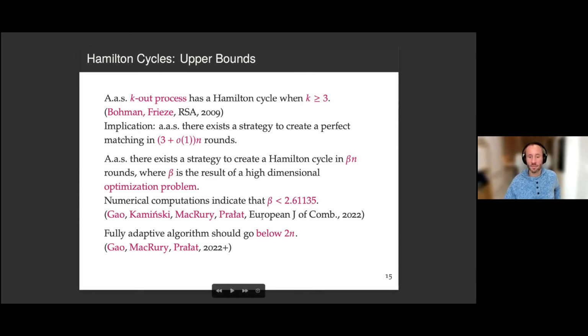It's not done yet, but we're kind of shocked, because this is a fairly sophisticated algorithm, which is only supported numerically, but we now have nice ideas for a fully adaptive algorithm, and a short argument gives us something like 2.06.